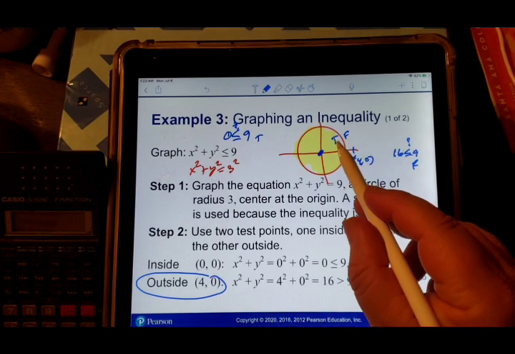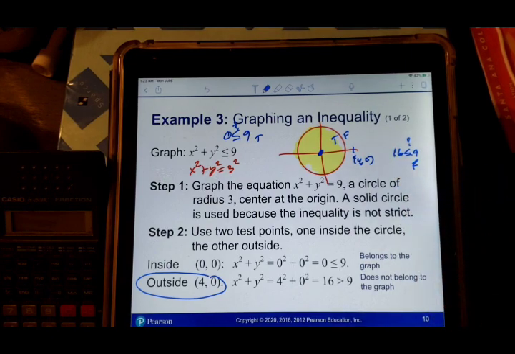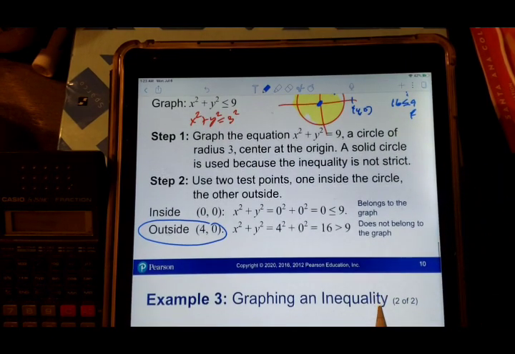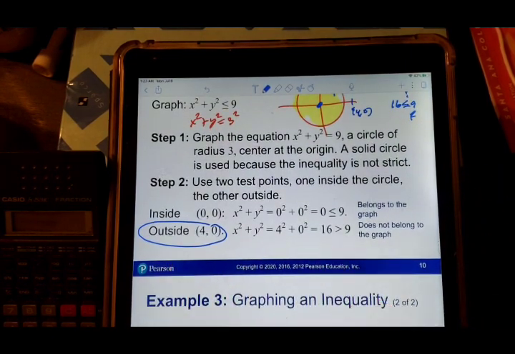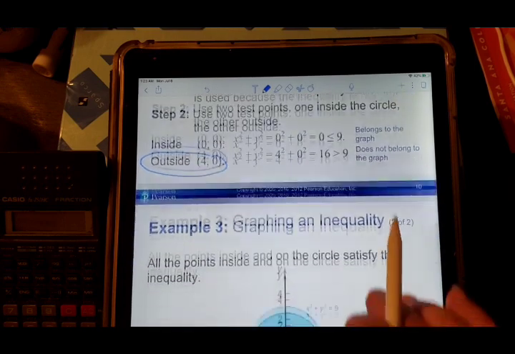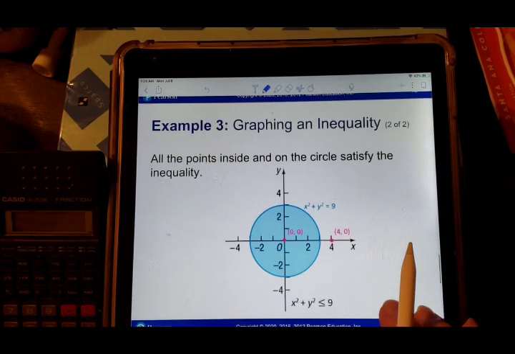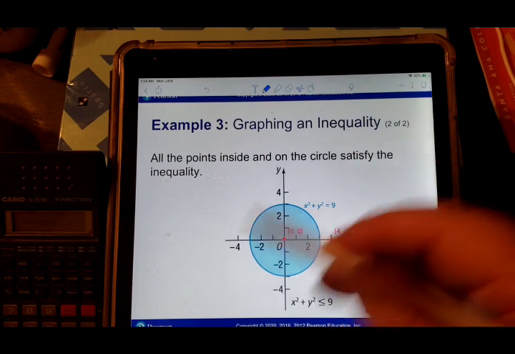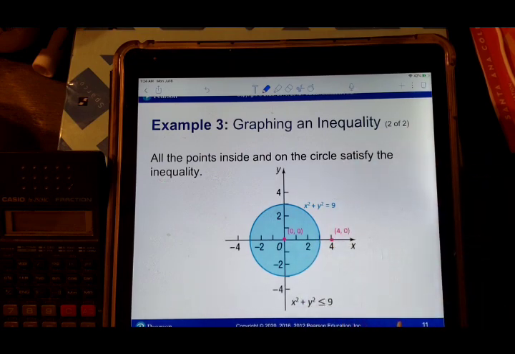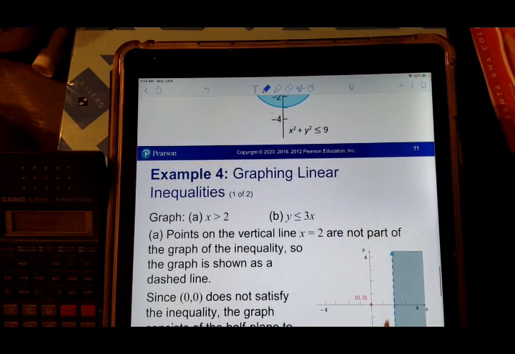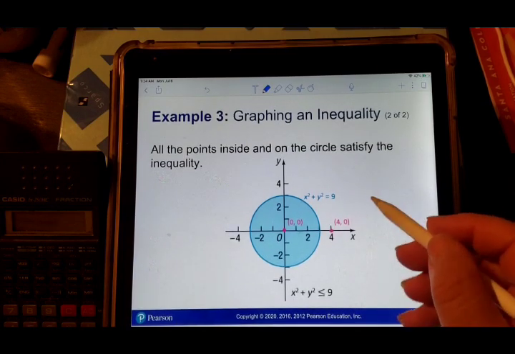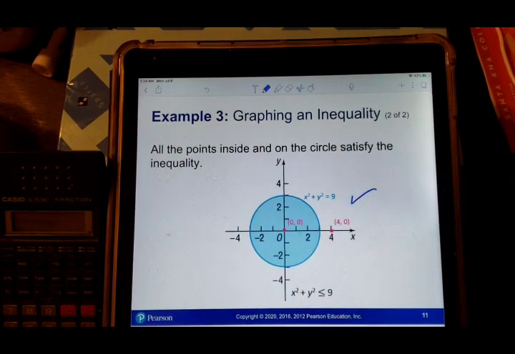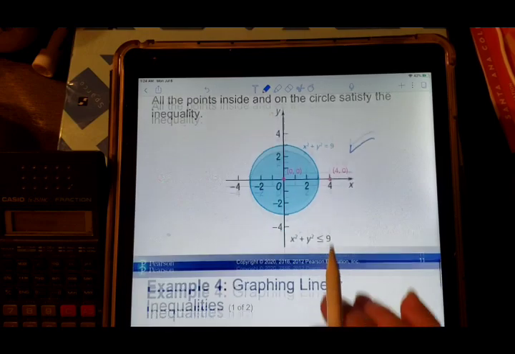And so that just confirms the other side of the boundary is false. But like I said, with certainly two sections, that's not a good habit to get into. As soon as you get a test point that's either true or false, you know what happens for the rest of the equation. All right, so this is the author's image of what I did earlier.